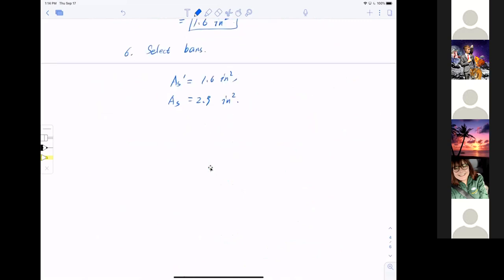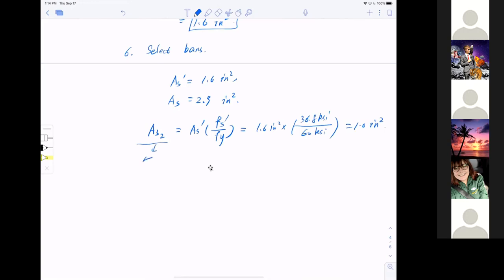I have to say now AS due to the compressive zone, let me call it AS2, equals AS prime multiplied by Fs prime divided by Fy. Converting that into steel, that is 1.6 inch squared multiplied by 36.8 KSI divided by 60 KSI, and I got 1 inch squared. Now this is to account for the loss to concrete.